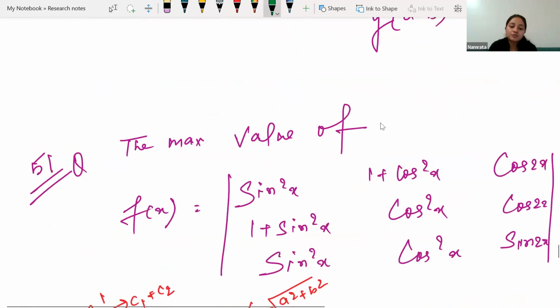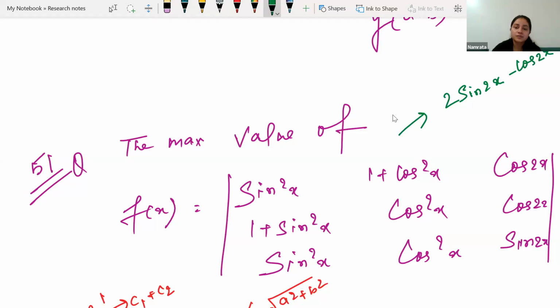Okay, so from this determinant, just focus on the determinant. We have to find the maximum value of the determinant. After solving this determinant, you will get 2 sin 2x minus cos 2x. So we have 2 sin 2x plus -1 into cos 2x.